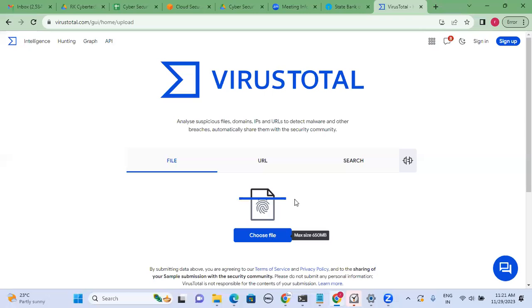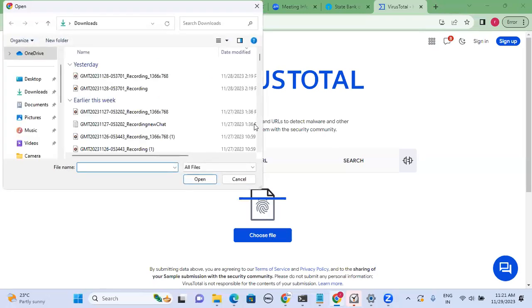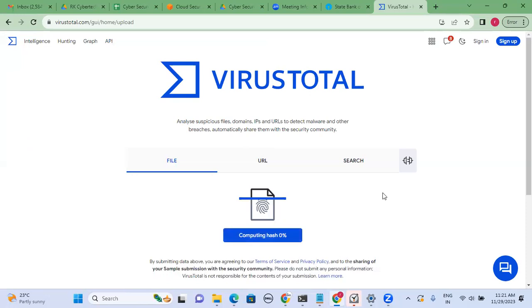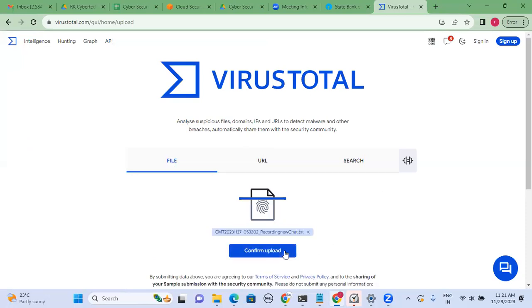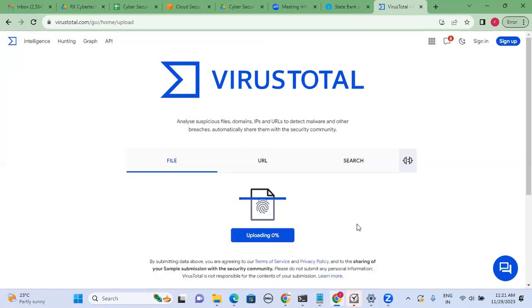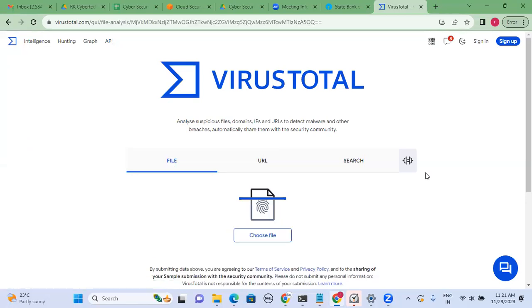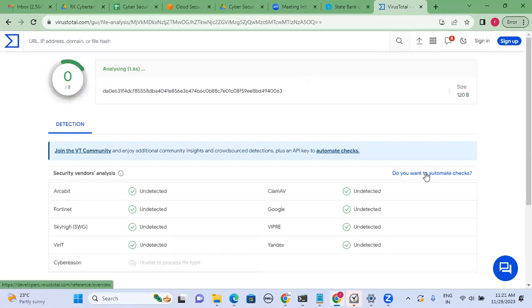So now I'm choosing one file from my laptop, and I'm uploading it. Now it is asking to confirm upload. I will click on confirm upload. Now it's uploading the file to virustotal.com.